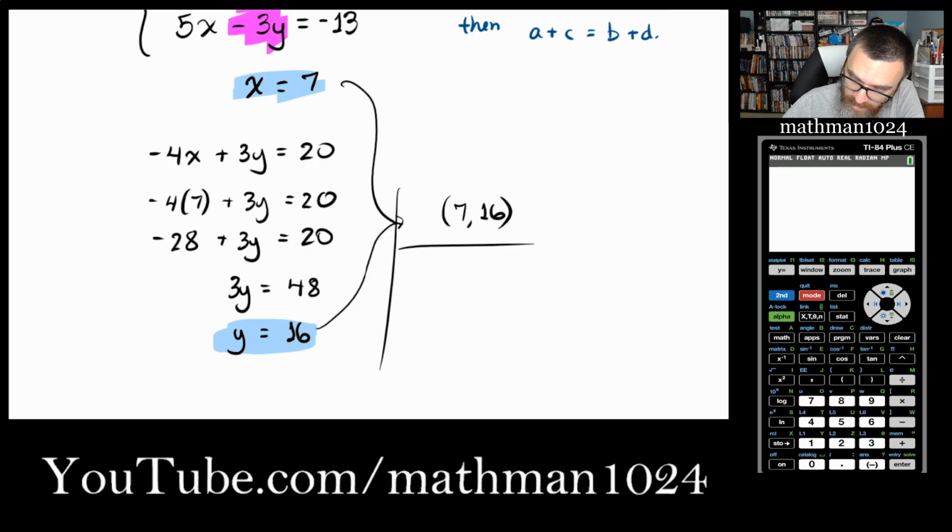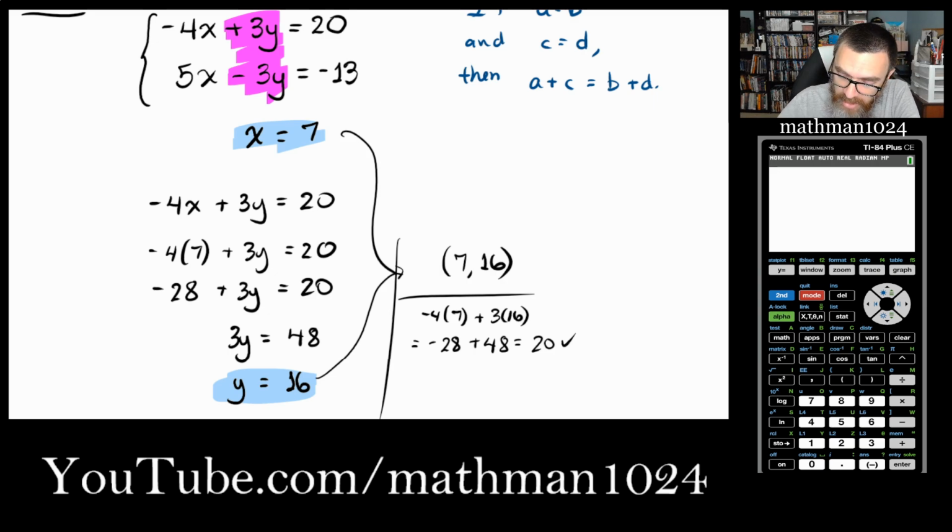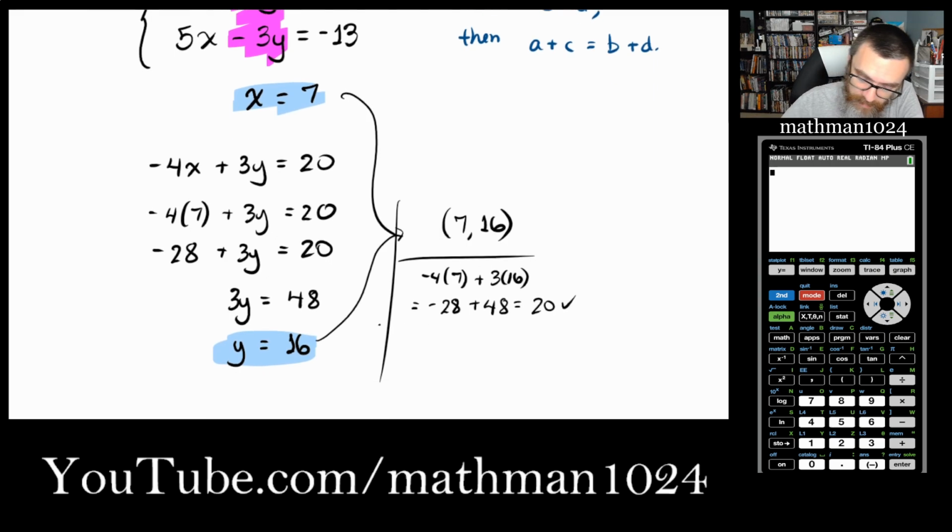All right. So if we scroll back up here a little bit, we've got negative 4 times x, that's 7, plus 3 times y, 16. This should equal 20. Let's just double check this. So negative 28 plus 48 equals 20. It checks out. Now let's look at the second equation.